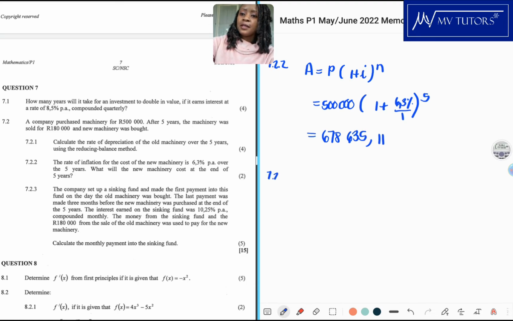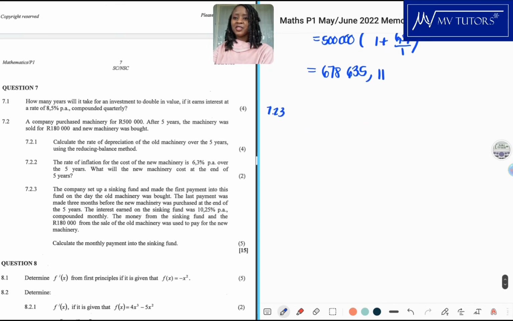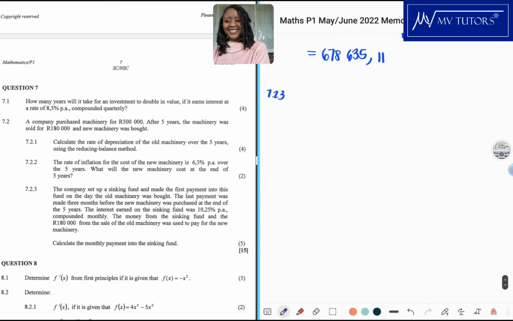And now the last question, question 7. The company set up a sinking fund. Why would they set up a sinking fund? Well, basically, if I'm buying a car today and I know after 5 years it will be worth less, and I want to upgrade to a family car, maybe before 5 years I was just a bachelorette, and after 5 years I'm a mommy, I want to get a bigger car.